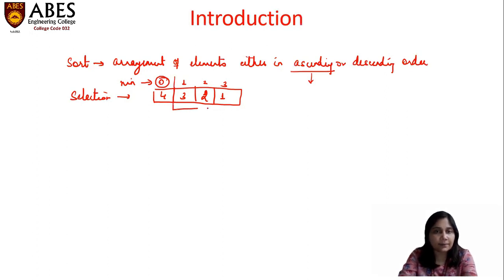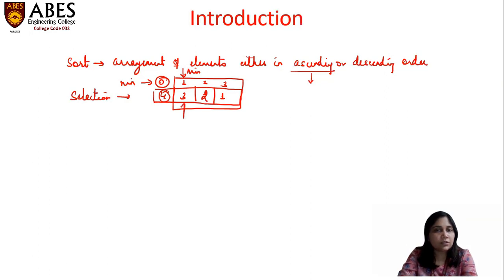And in the rest of the array, I am going to search whether there is any element present which is less than the element I have assumed as the minimum. So in the first step, I will get this. The same thing I will repeat for the second step. After getting the minimum element at this position, I will assume the next one as my minimum index.